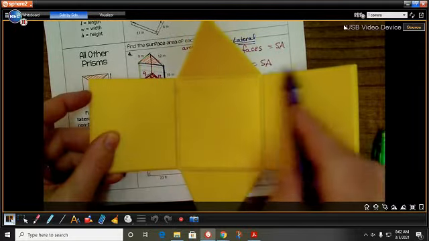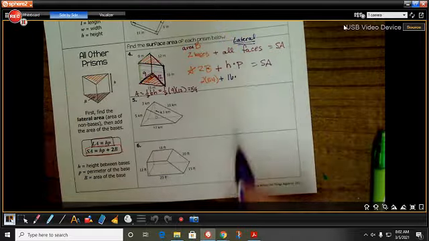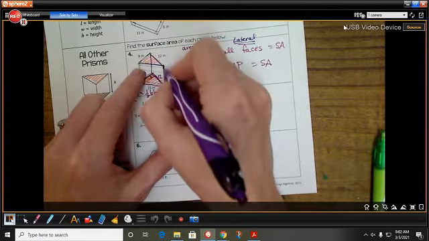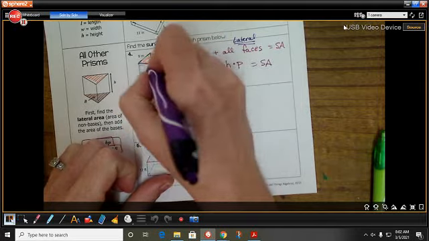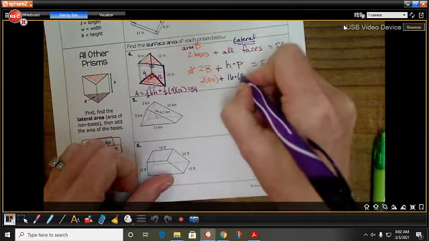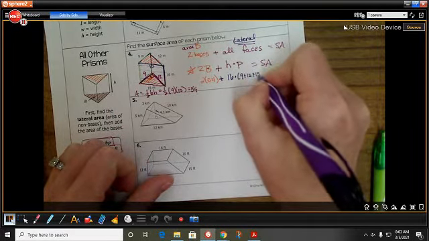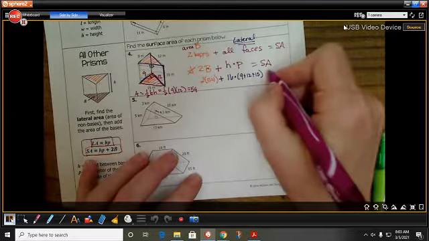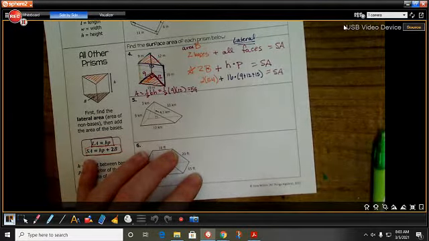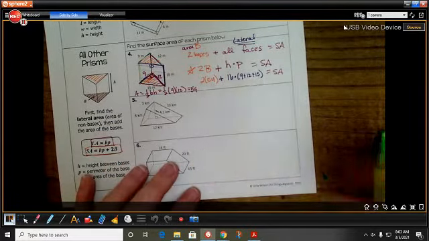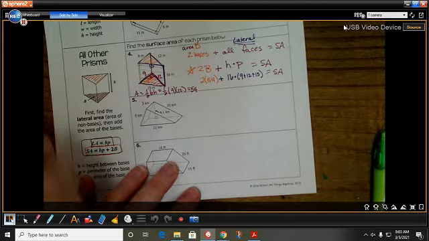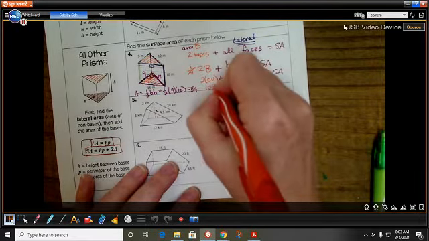I need to find this length around my triangle to get this lateral area. And so I know for my triangle it's 9 plus 12 plus this is 15. So I'll do 9 plus 12 plus 15 for that perimeter. And altogether that should give me my surface area. So the 2 times 54 comes out to be 108.